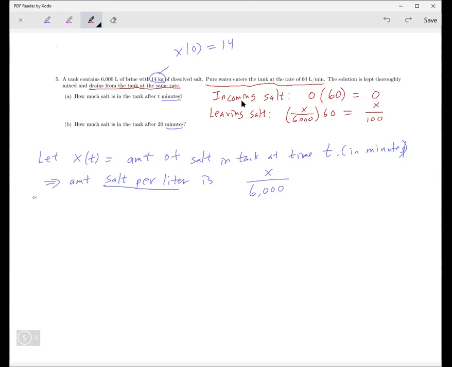Okay, so what this information allows us to do is come up with a differential equation. The change in salt over time is equal to the amount that's coming in minus the amount that's going out.